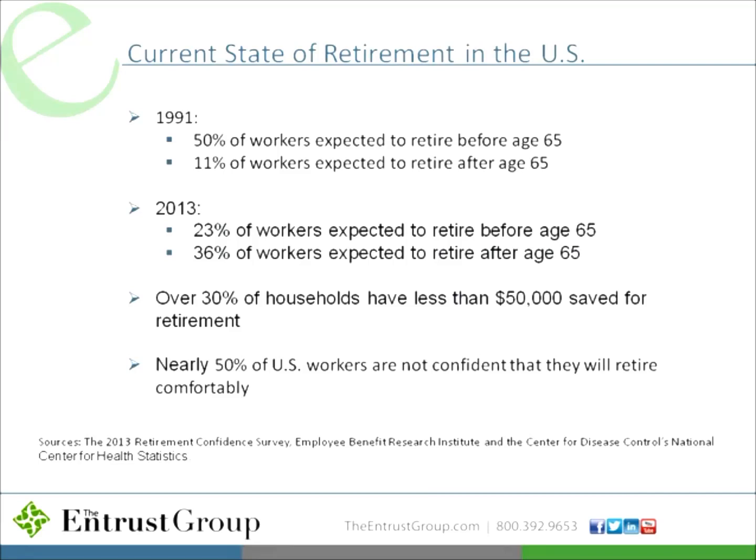So now 22 years later, 2013, that number has been reduced by more than half. 23% of workers expect to retire before the age of 65, and 36% of workers expect to retire after the age of 65.